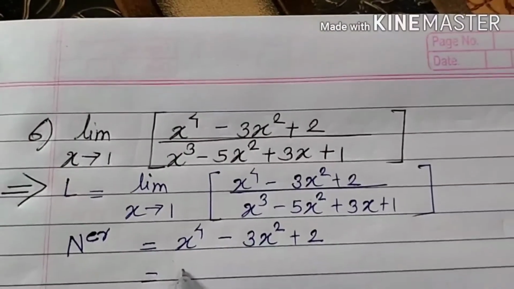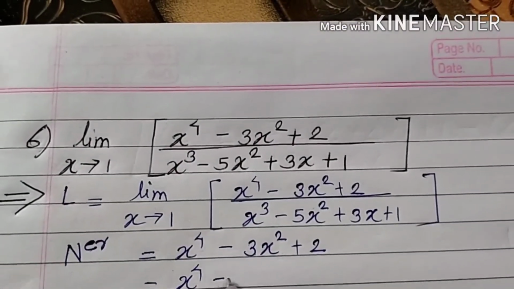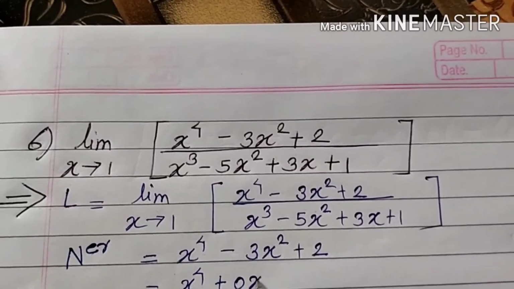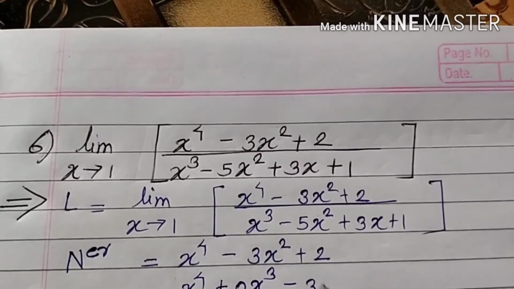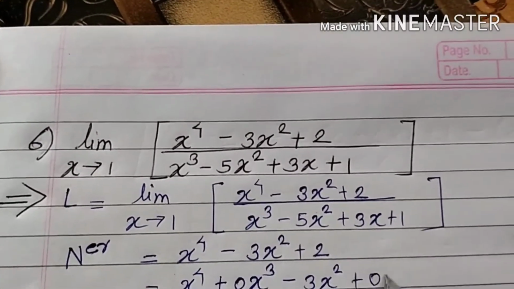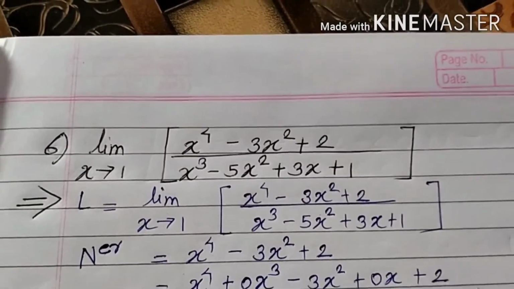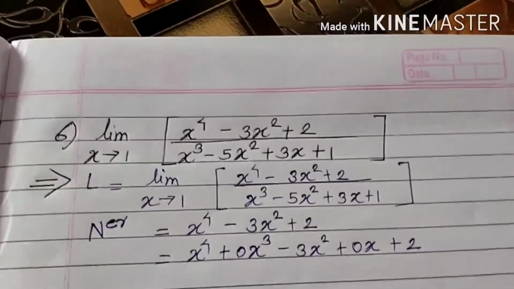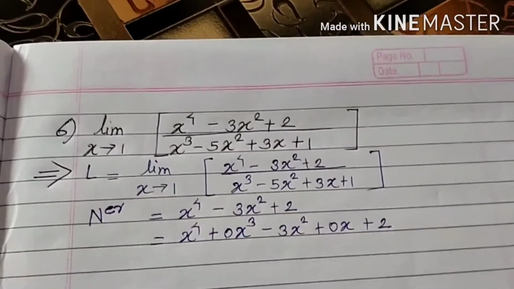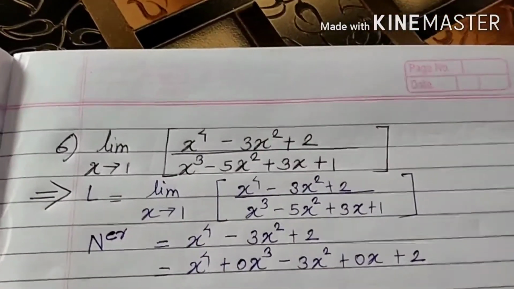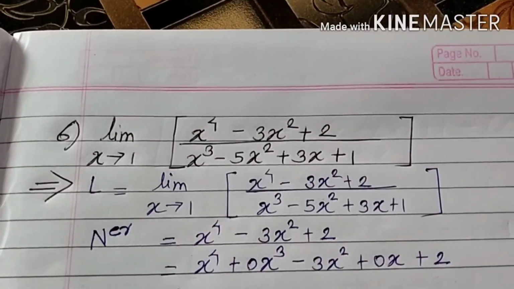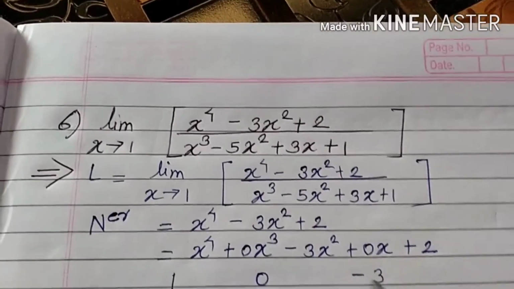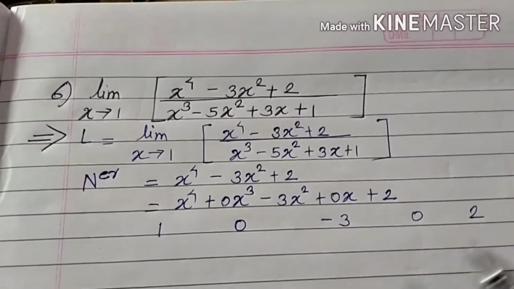So it is x raised to 4 plus 0x cube minus 3x square plus 0x, and this is plus 2. Okay. So to find the factor of this, write 1, 0, minus 3, 0 and 2.